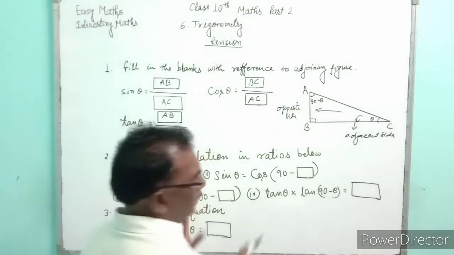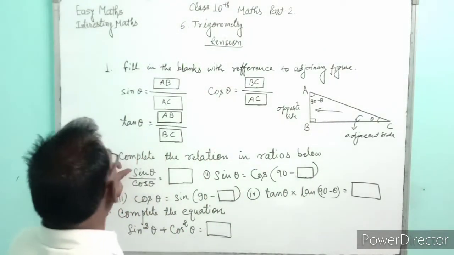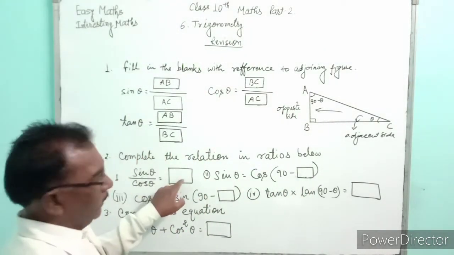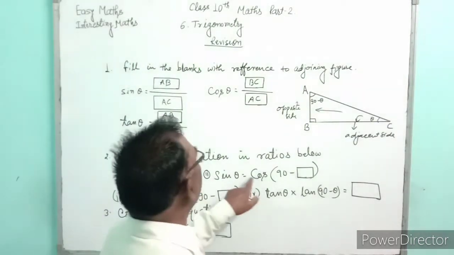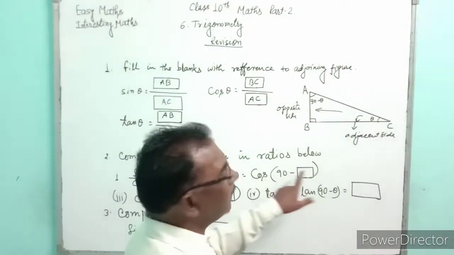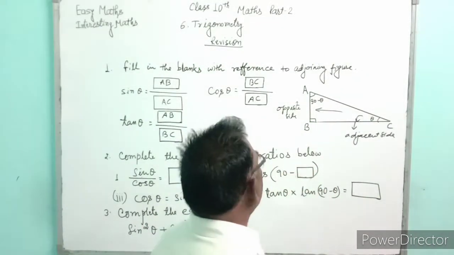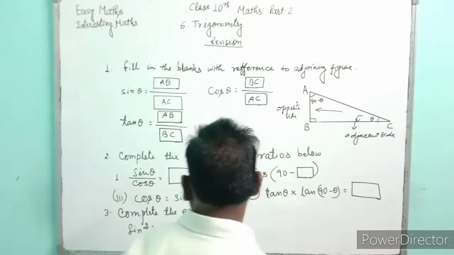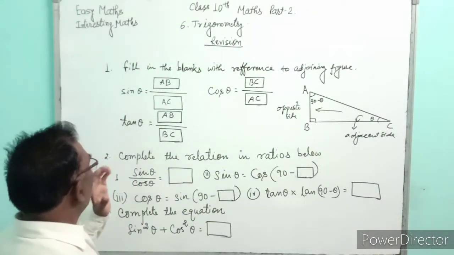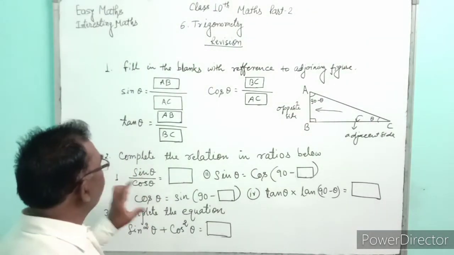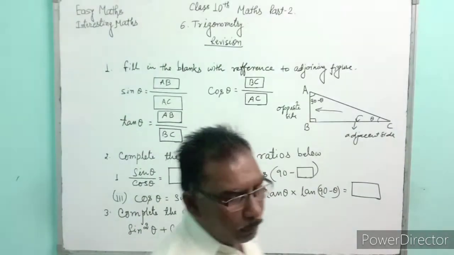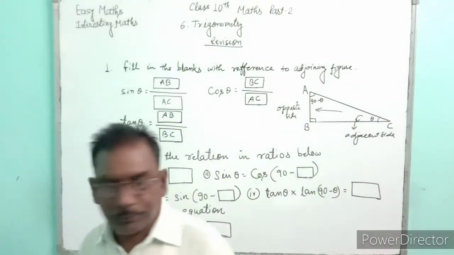Here also sin theta divided by cos theta is equal to what? Here sin theta is equal to cos theta in bracket 90 minus blank bracket. Means we have to write something in the blank space. In this way we will fill up our 4 blank spaces.